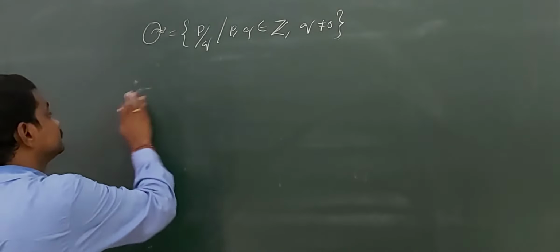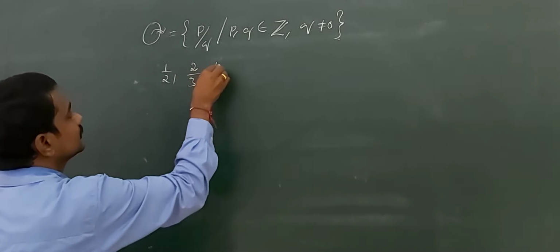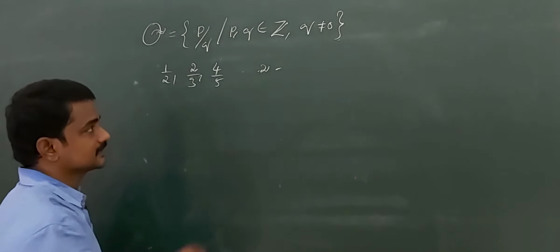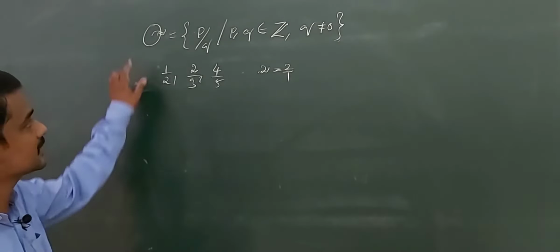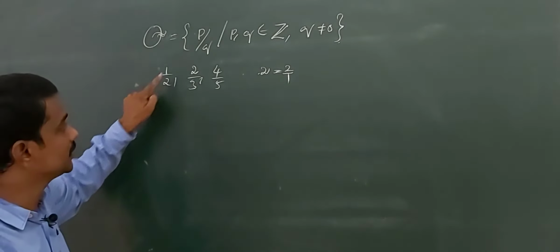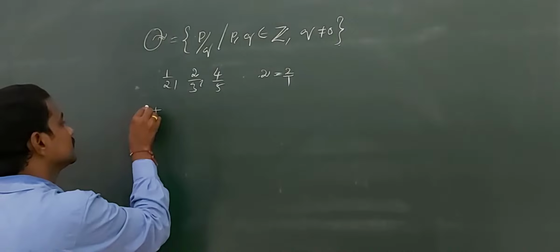For example, 1 by 2, 2 by 3, 4 by 5, and so on. 2 is a rational number, 2 is equal to 2 by 1. 3 is a rational number, 3 by 1. So all integers belong to Q, and other forms like 1 by 2, 2 by 3, 4 by 5 belong to Q.